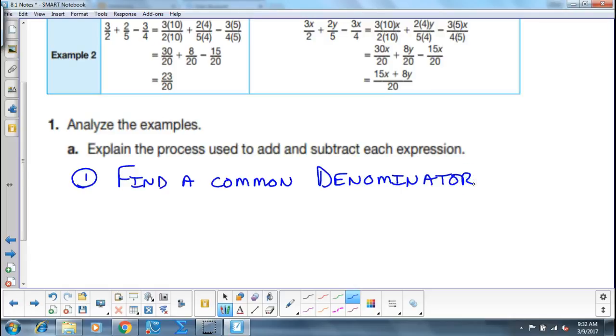Now, the difference is when we were dealing with regular old fractions, the common denominator was a number.